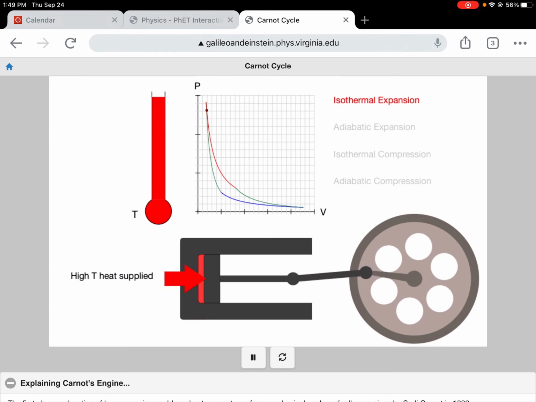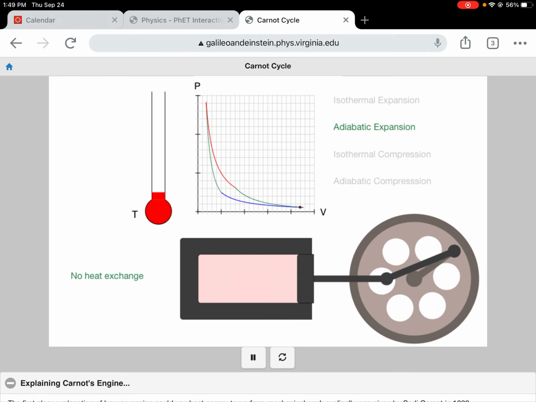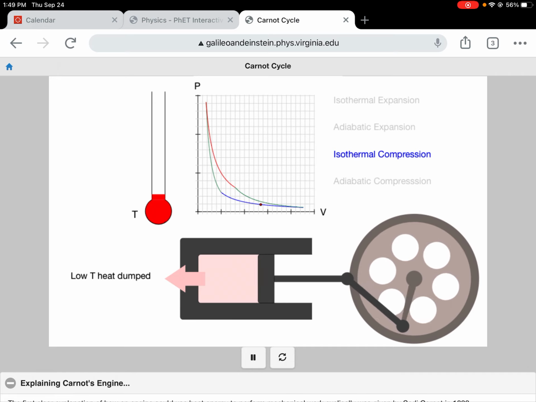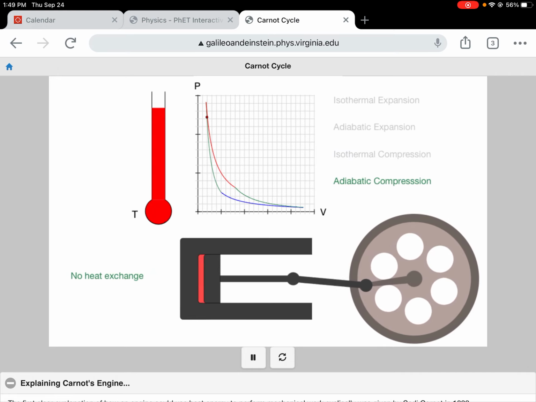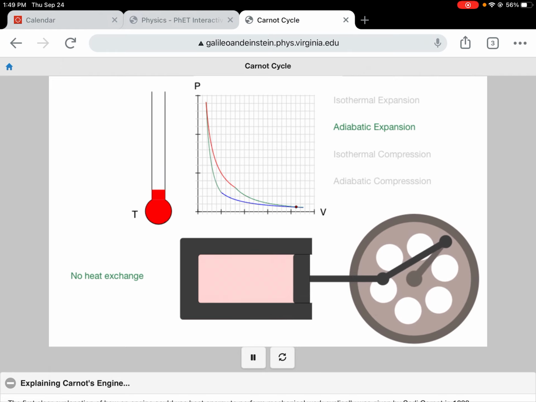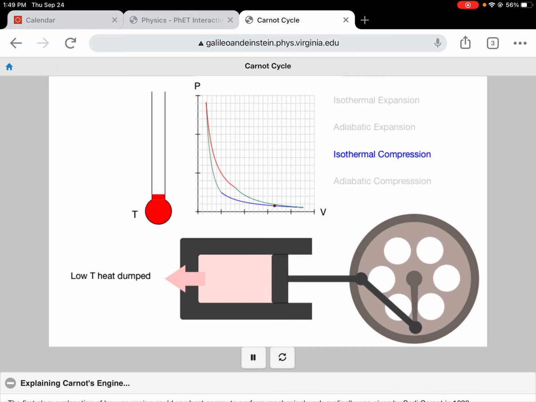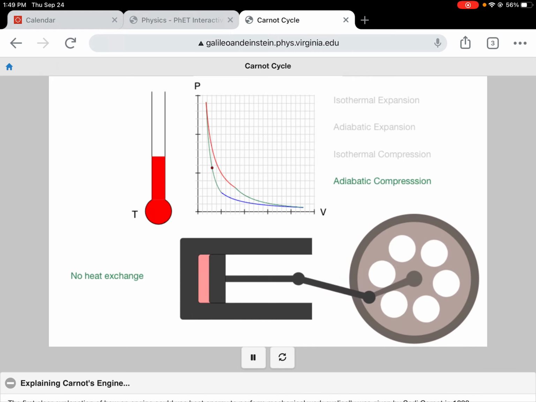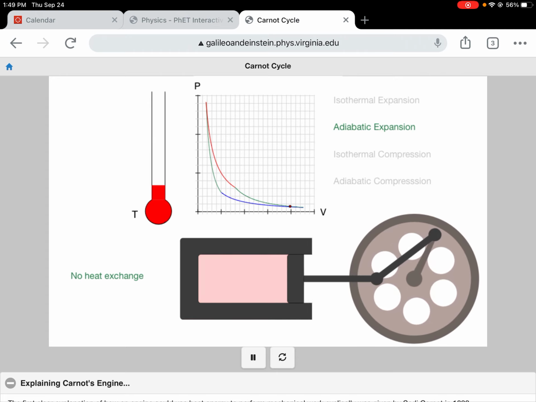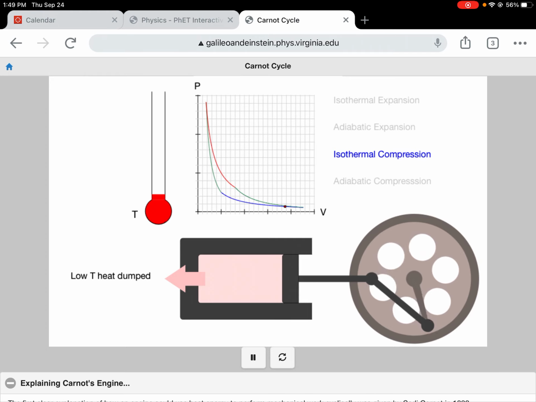So here's an animation of the 4-step Carnot cycle. And let's see, we'll start here. Okay, so there's heat and then an expansion. You can see the temperature going down, and then an isothermal compression, and then an adiabatic or rapid compression. These are the 4 steps to the cycle.